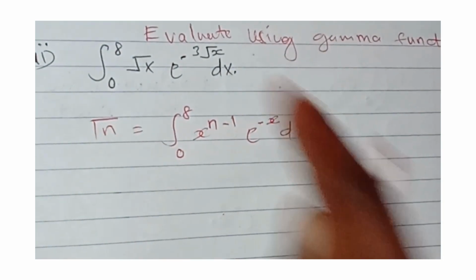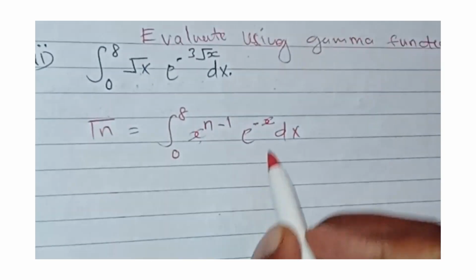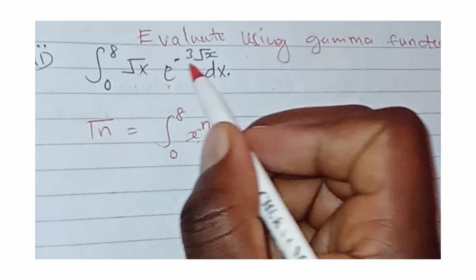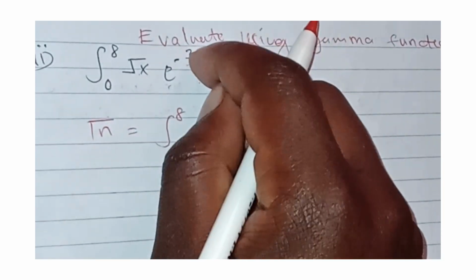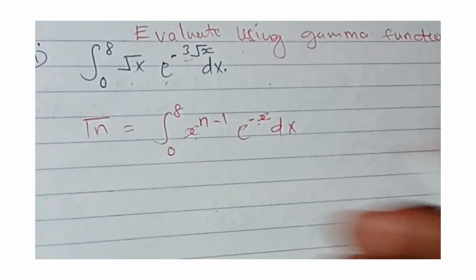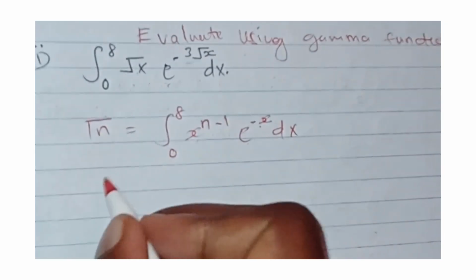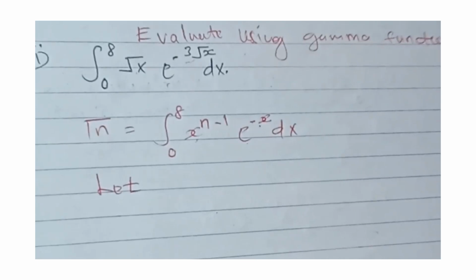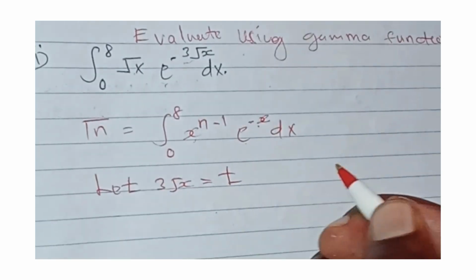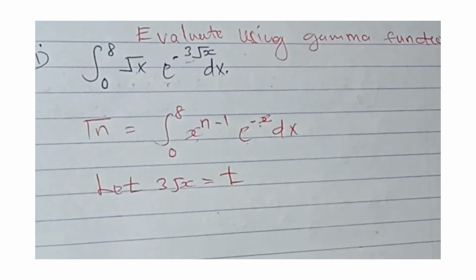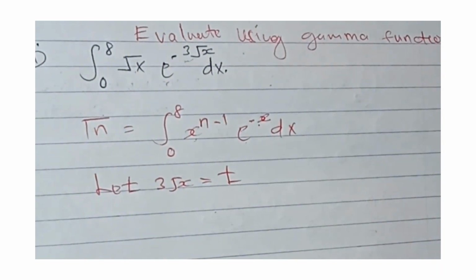So you compare root x with this, and e raised to the power negative x with e raised to the power negative cube root of x, and from this part you let cube root of x be t. Are we together? And make x the subject.